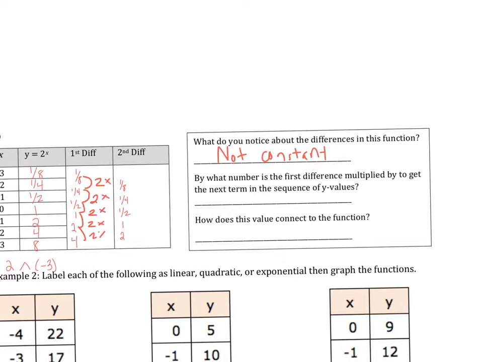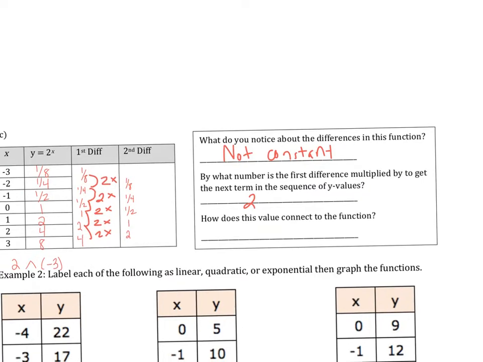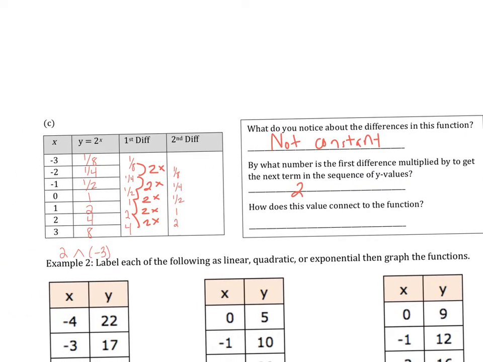And so that product is 2. And when we have a constant product between the first differences, that's when we know that we are looking at an exponential function. So this is going to be an exponential. And then notice it says, how does this value connect to the function? We had a product of 2, and our function is 2 to the x. So our product is the same as the base.